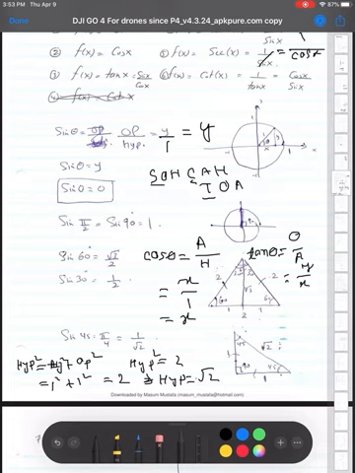For sine 30 degree, if you consider this angle, the hypotenuse remains the same, but the opposite changes to this. So sine 30 degree is 1 over 2. And sine 90 degree is going to be 1 over 1, which is 1, because when the angle is 90 degree, the y is going to be 1.